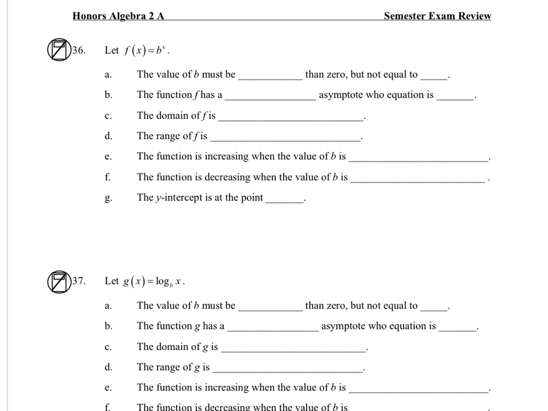Okay, fill in the blank. The value of b must be greater than 0, but it cannot be 1. An exponential function has a horizontal asymptote at y equals 0. The domain is all real numbers. The range is greater than 0.